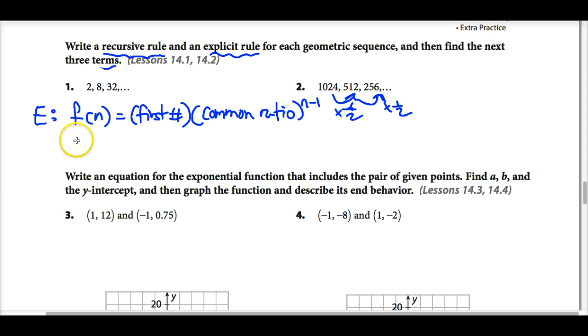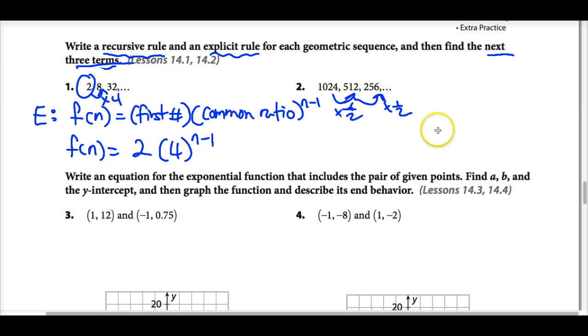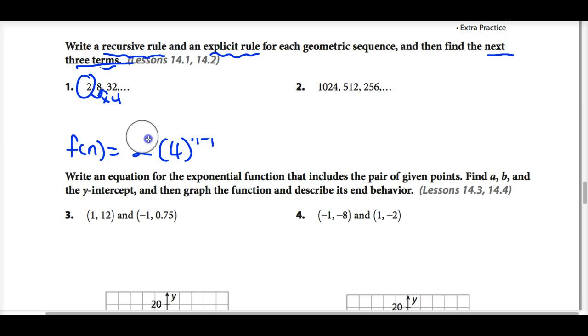Remember that? So let's just use it. F of n equals, what's the first number? 2. What's the common ratio? We had to multiply by 4. So it's 4 raised to the n minus 1 power. And we are done. Oh, not really. And then we got to find the next 3 terms. To find the next 3 terms, that's super easy. I'm going to erase it again.